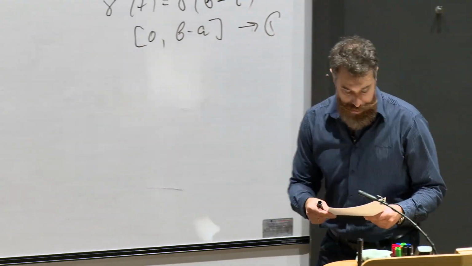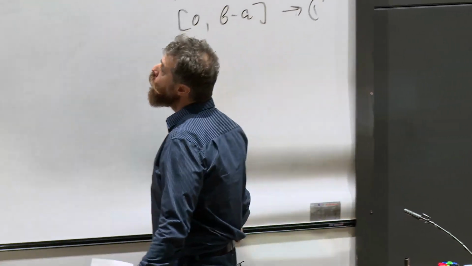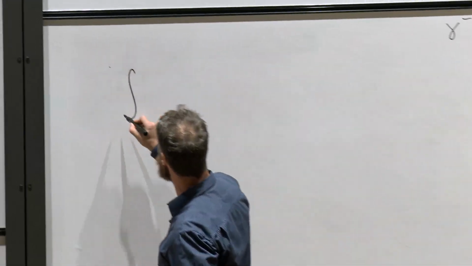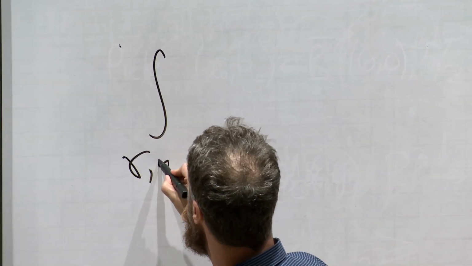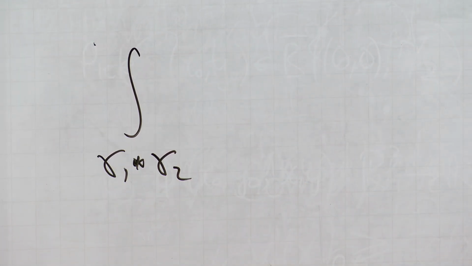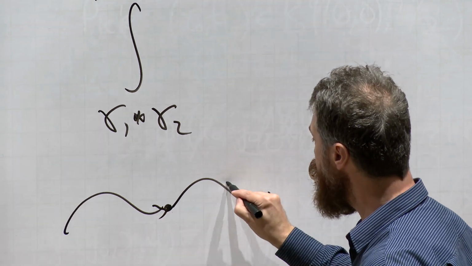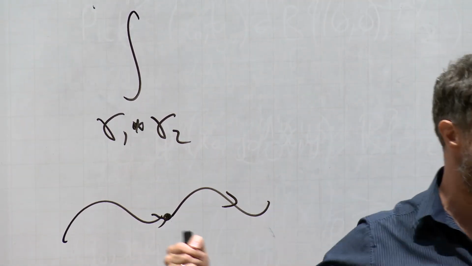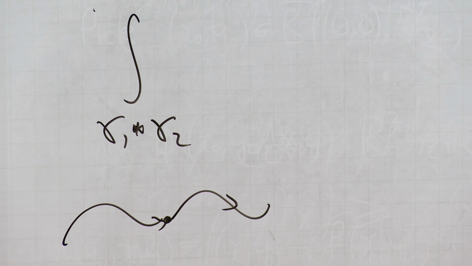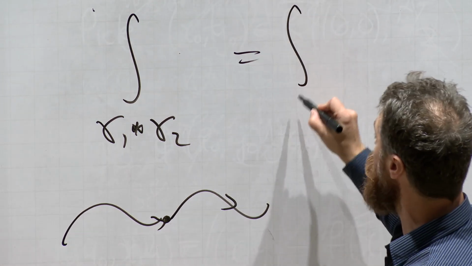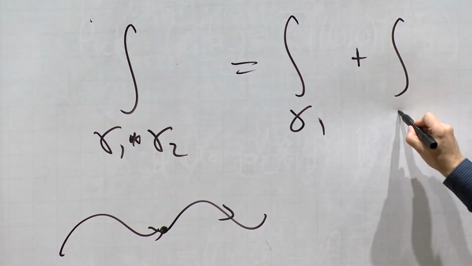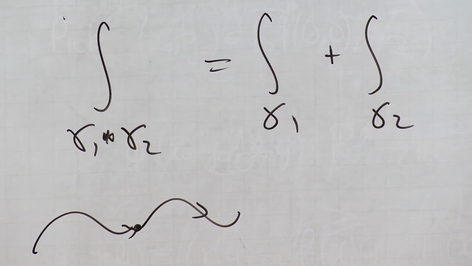Okay? And also, we have this very natural property: if we have one curve and another curve, and we just glue them together as a single curve, then of course the integral is equal to the sum of integrals.